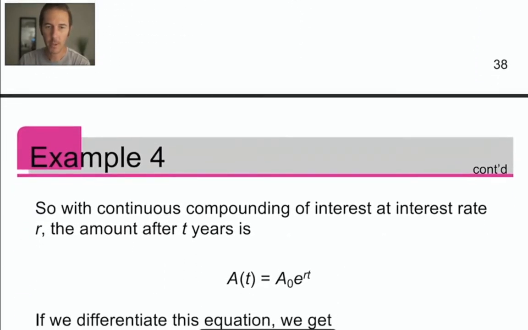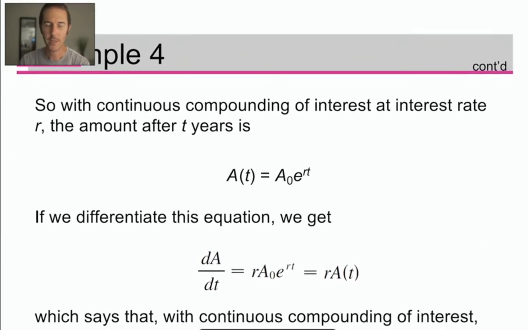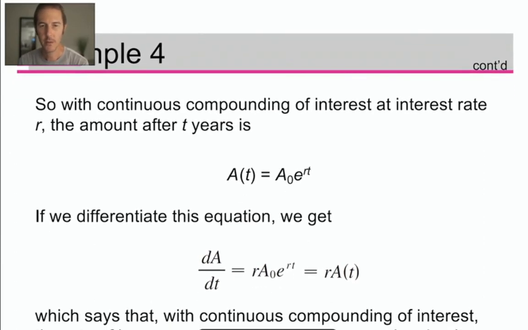And we're right back where we started. Final amount equals starting amount times e to the rt. So again, your rate is being expressed as an r instead of a k.